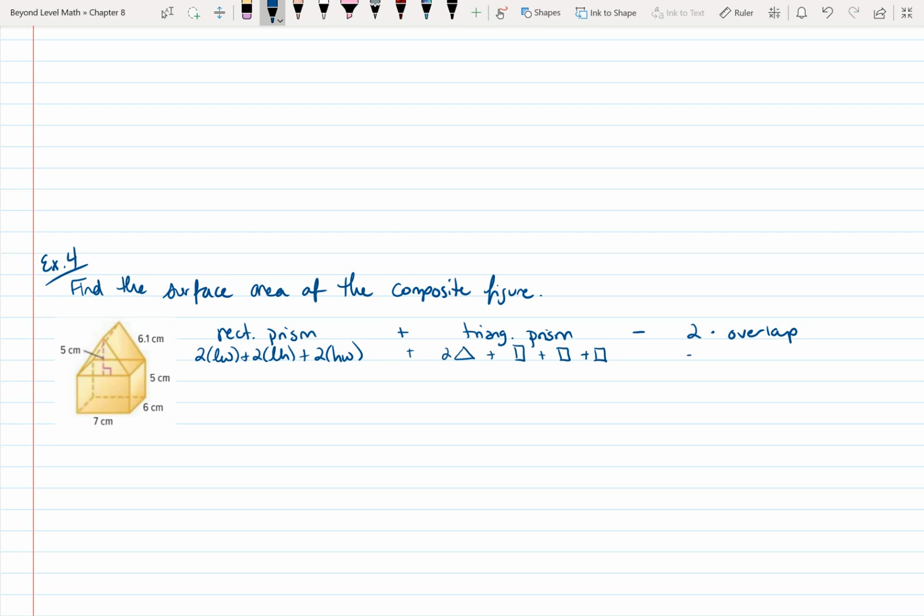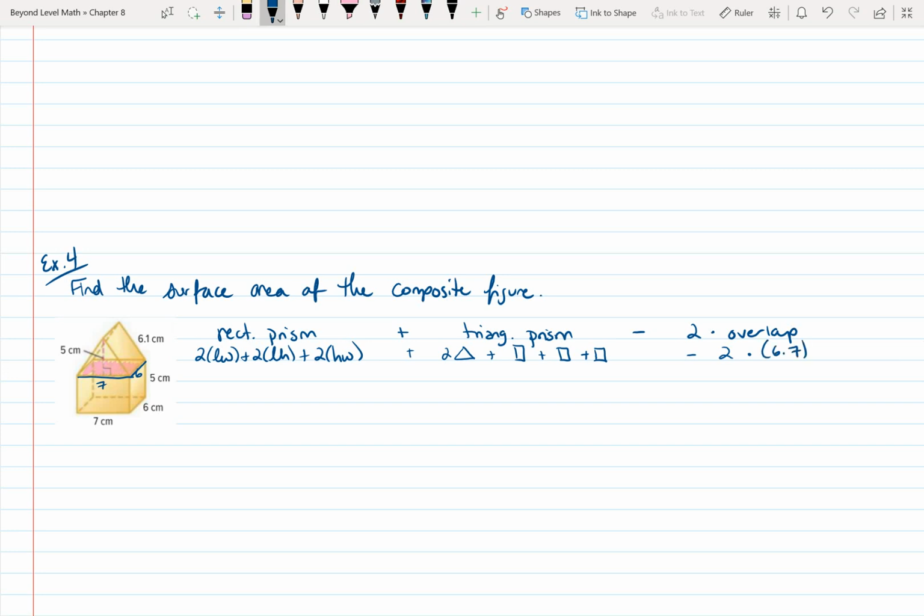Okay, minus 2 times the overlap is going to be this portion. So it is, let's see, this part is 6 by 7. So 2 times 6 times 7.